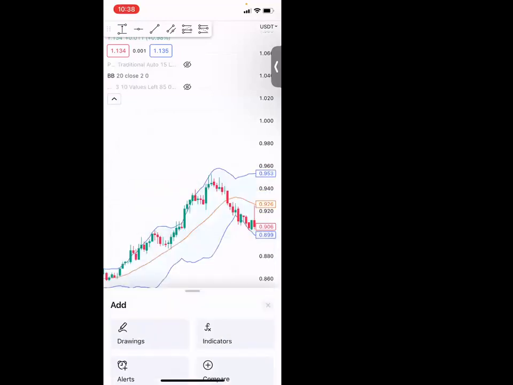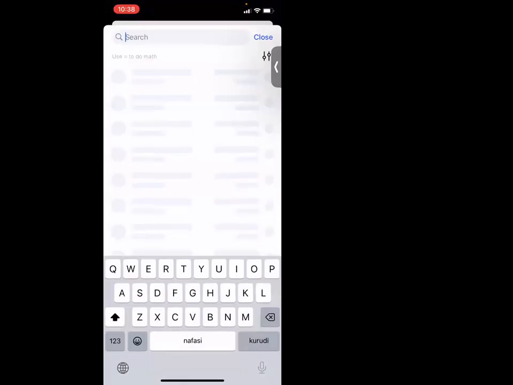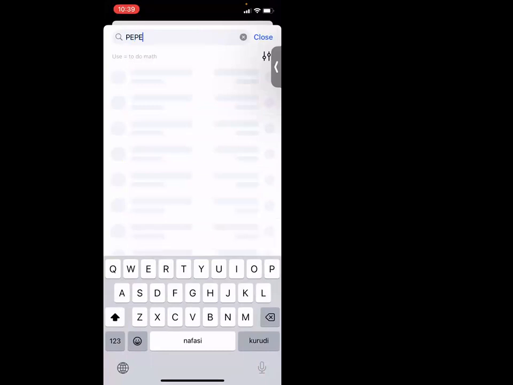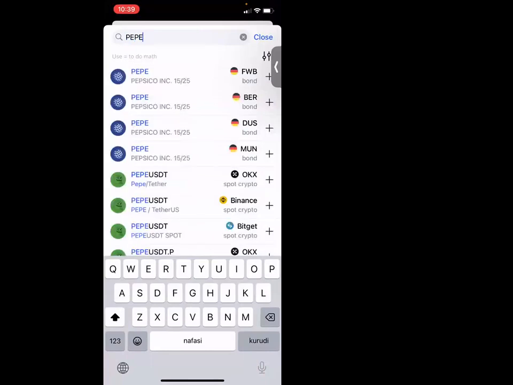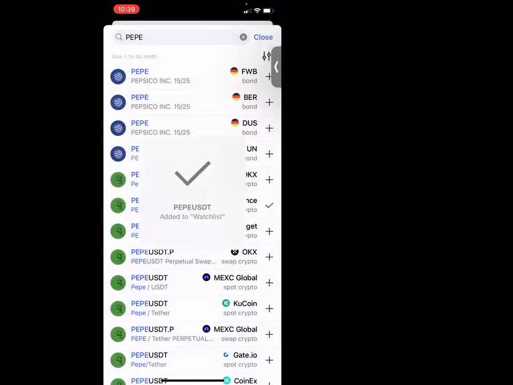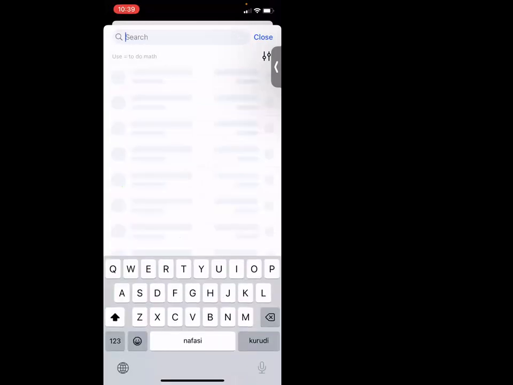Let me look at another coin. Let's say I want to look at Pepe. Pepe USDT on Binance. See that? Are you trading Pepe? No, we're not trading Pepe.